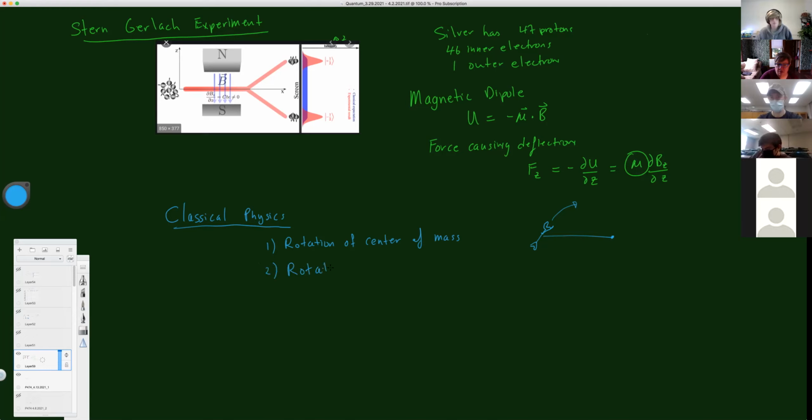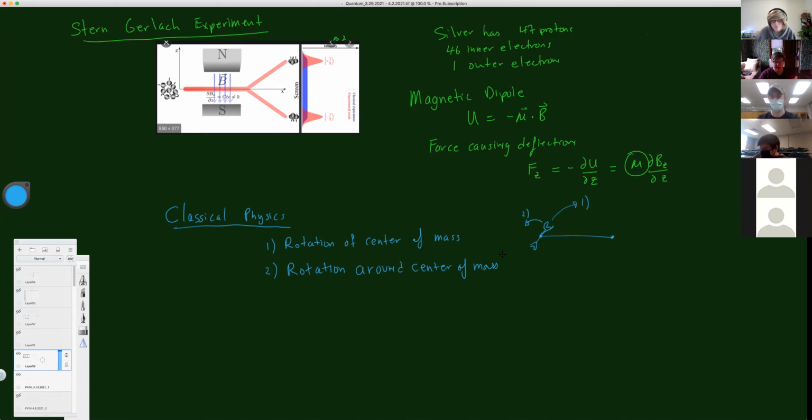So this is number one, rotation, but it'd also be sort of spinning around its center of mass right here, right? This would be two. So you can break any kind of rotational motion into these two types, right?